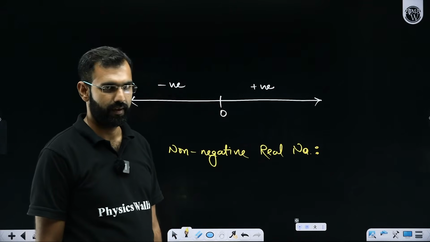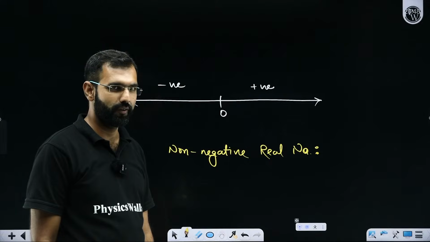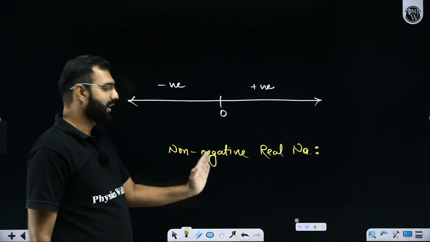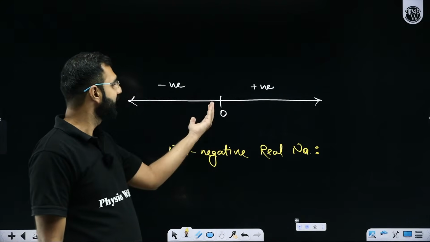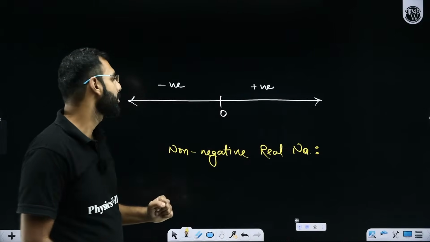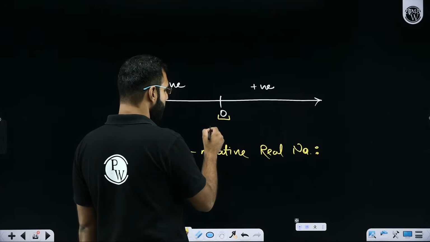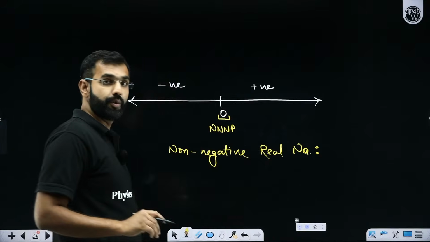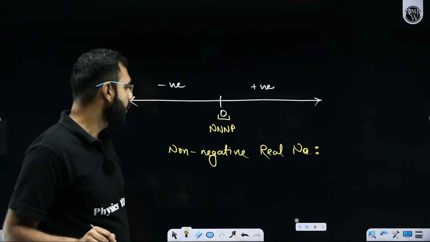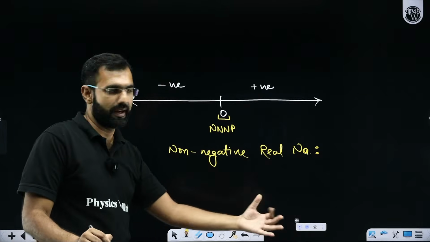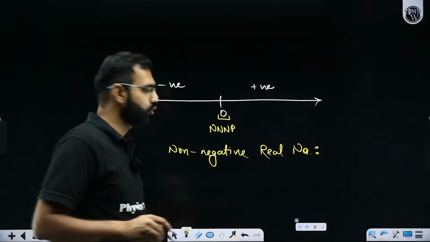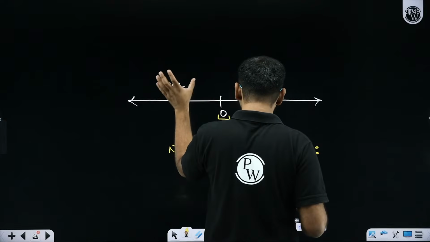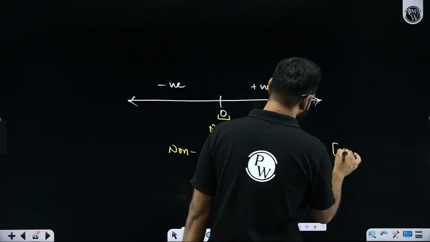Non-negative means negative I don't want. Sir, what is 0? 0 is that neutral number which is neither negative nor positive. If I don't want a negative number, I want non-negative real numbers, so I want 0 or a positive number. So I'll say it is 0 to infinity.